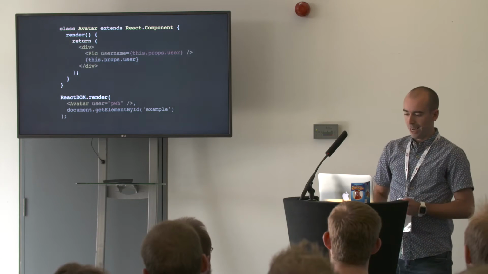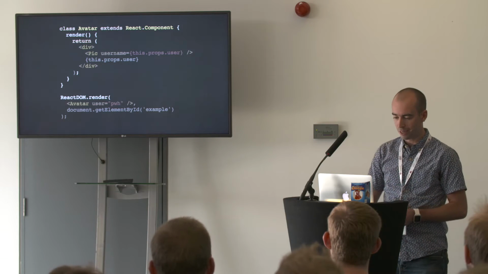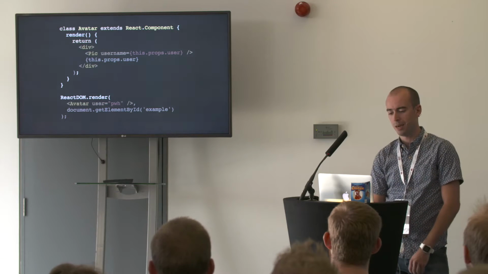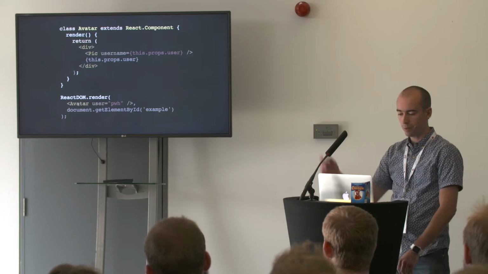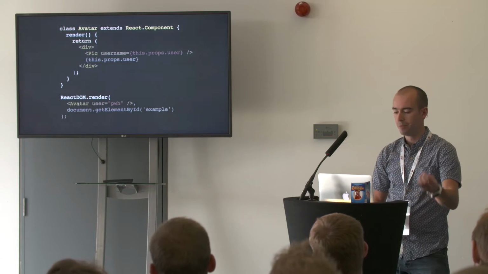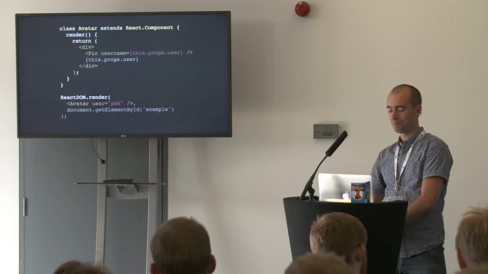Just roll with it. You don't want to be using React without it. So this renders at the bottom the component that's defined at the top. The component at the top takes the property that you've passed into it, renders that as a text string, and then propagates it through to a subcomponent. Great.